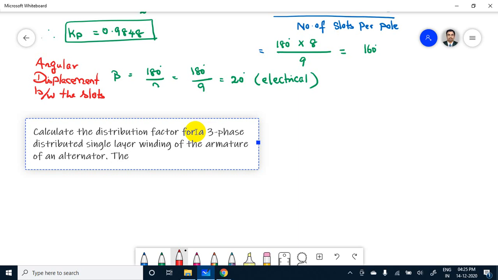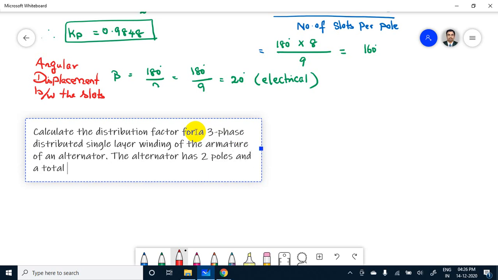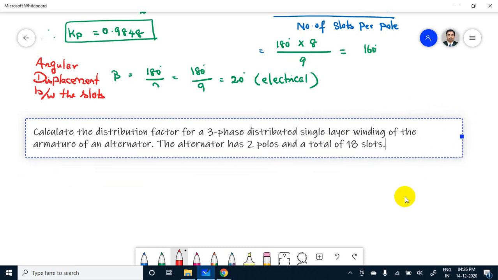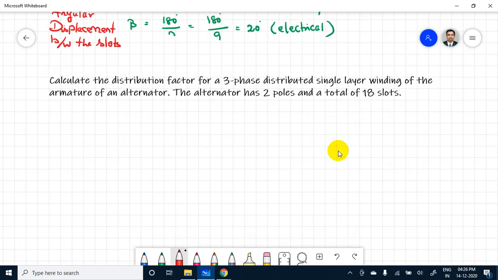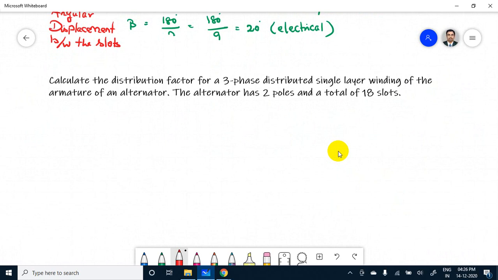The alternator has 2 poles and a total of 18 slots. This is problem 2.